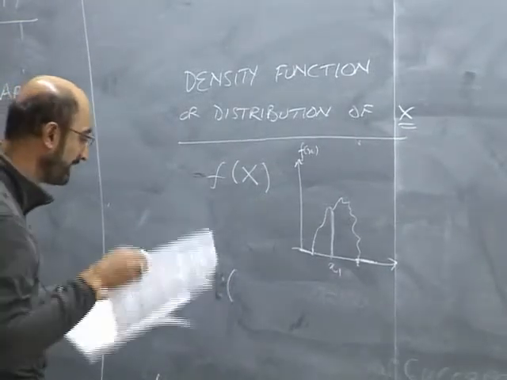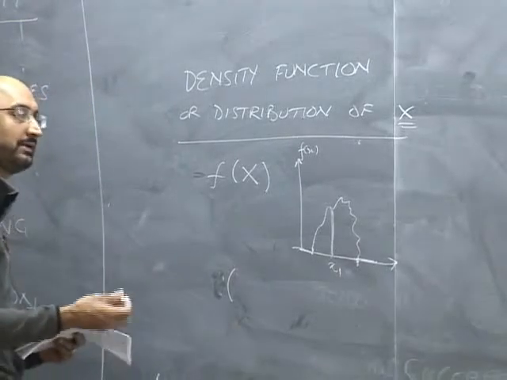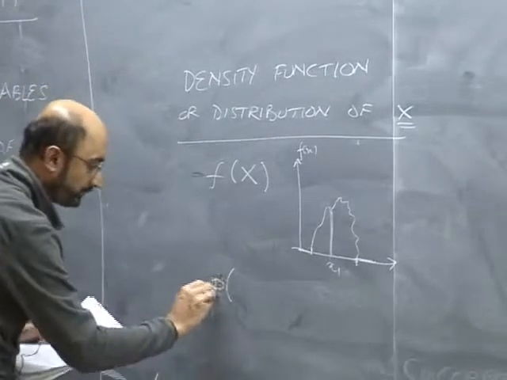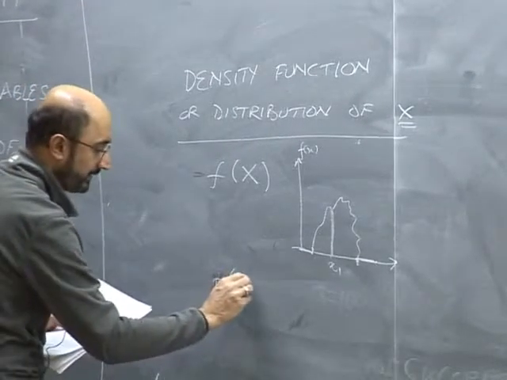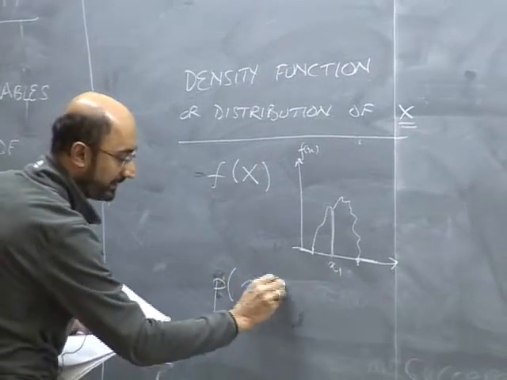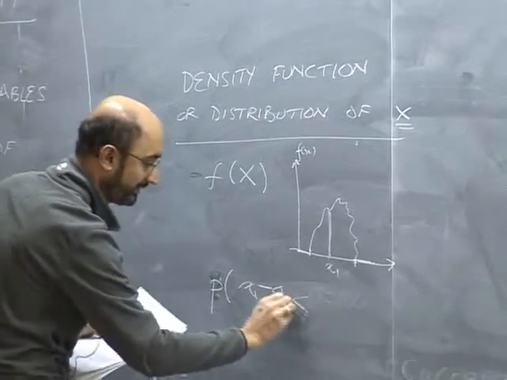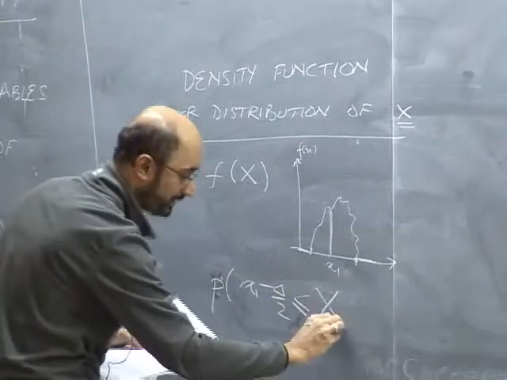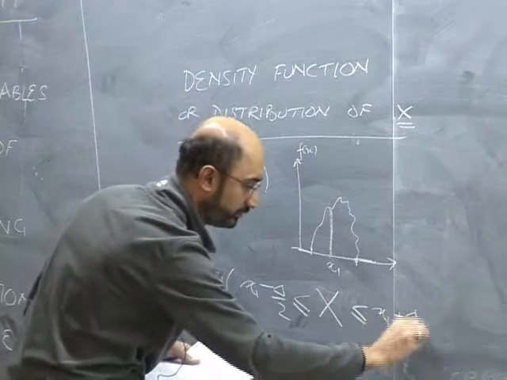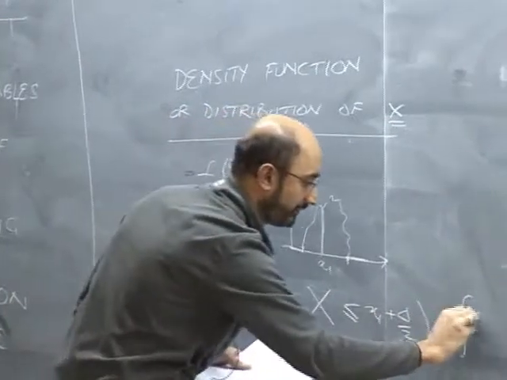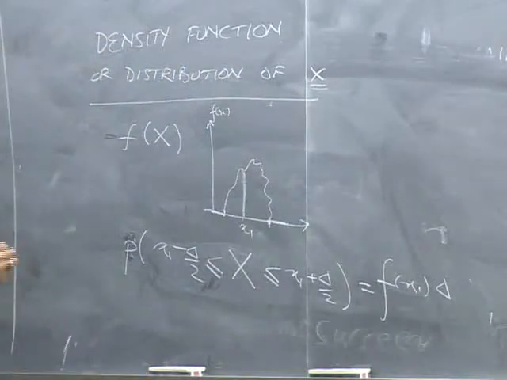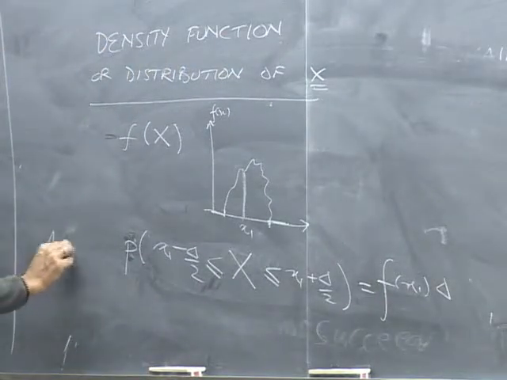It's going to be a probability of an event, actually no, it's going to be small p that x1 minus delta by 2 is less than equal to the variable x less than equal to x1 plus delta by 2 is going to be equal to f of x1 delta, in the limit as delta tends to 0.